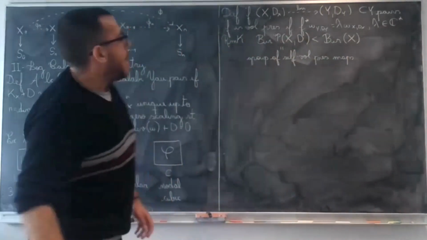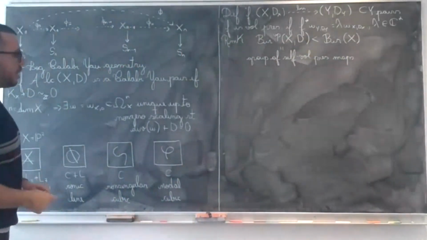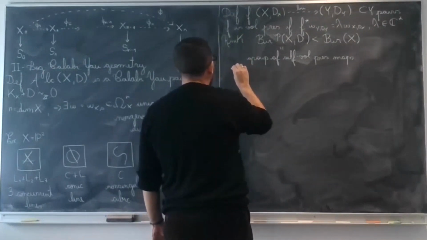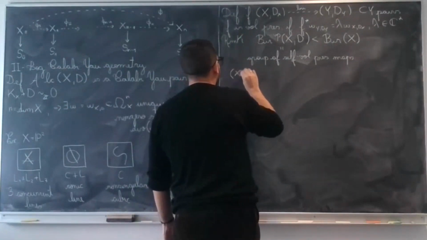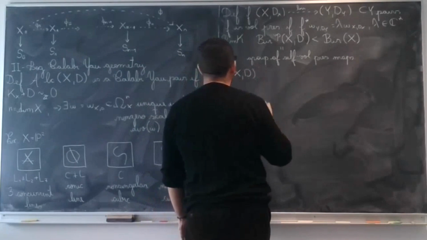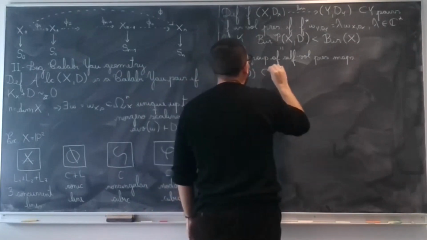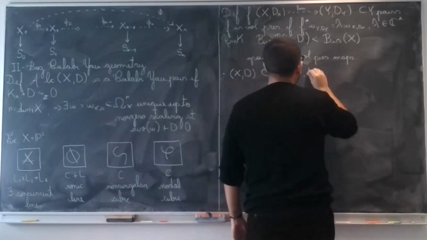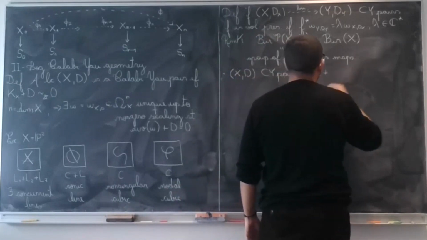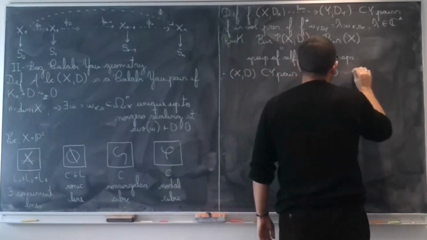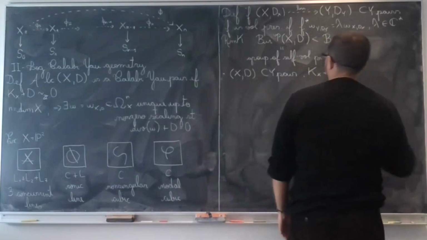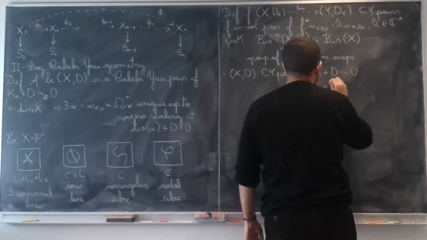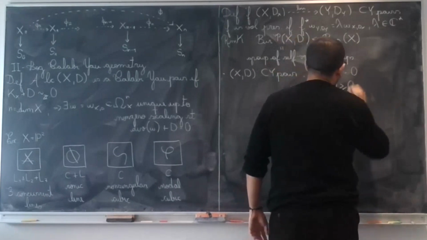From the definition of Calabi-Yau pair, if I start with (X, D) a Calabi-Yau pair, this implies that the canonical class plus the divisor is equivalent to 0. So in particular, this implies that the anticanonical class is effective.